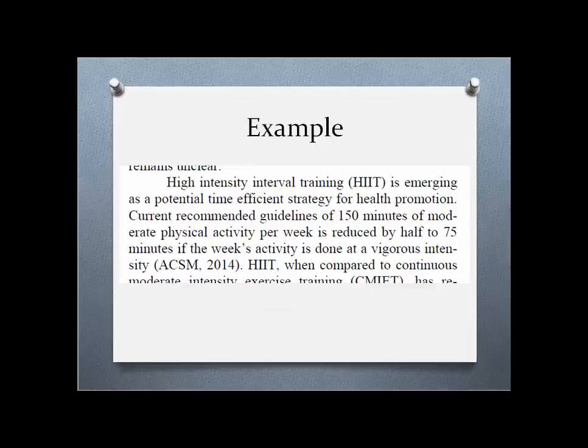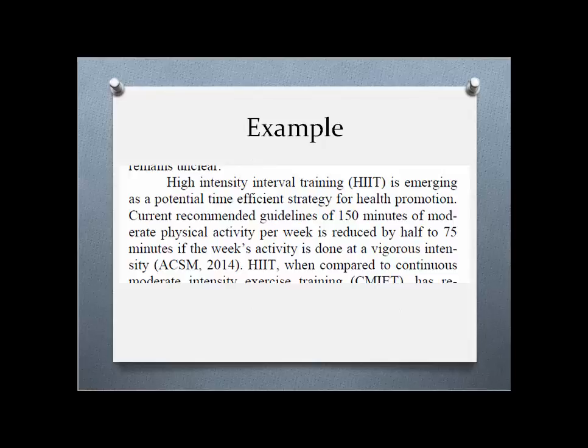I pulled a few papers and found a lot of examples. So this one is one. High intensity interval training, HIIT, is emerging as a potential time-efficient strategy for health promotion. So that's the topic sentence, and it very nicely summarizes the theme of the studies that you're including in this paragraph.